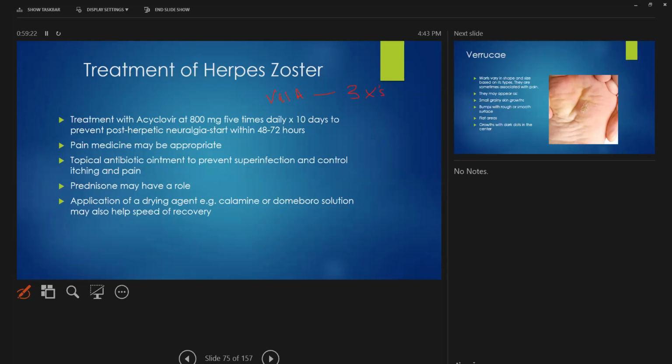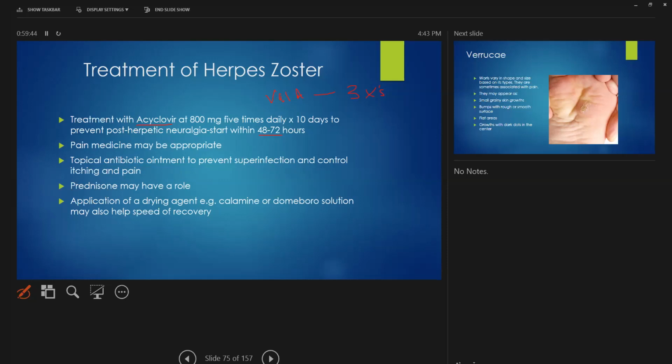But anyway, the books and UpToDate suggest that acyclovir is the first-line treatment, but you're going to do that 5 times a day for about 10 days. And this helps to prevent the neuralgia as much and helps it remit a little bit faster.